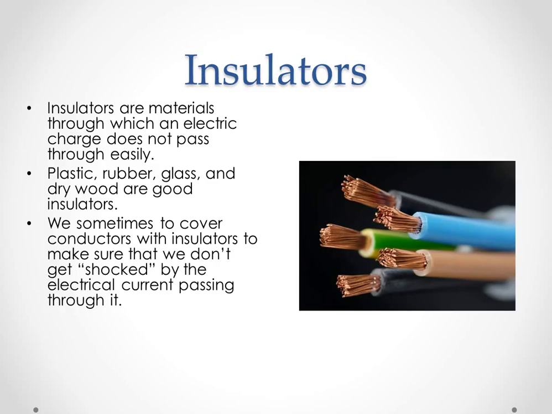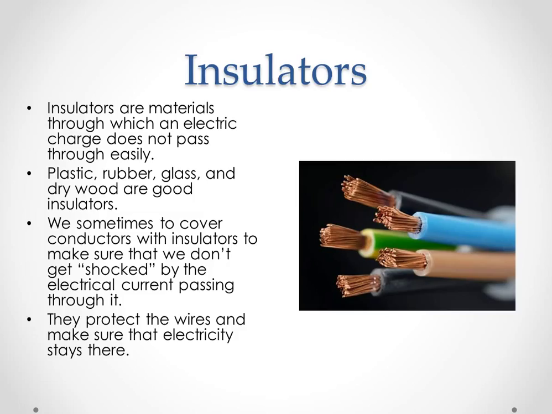That's why you'll see rubber a lot of the time in the circuits in your house. When you plug something in, you're not seeing that wire. It's usually covered by black or gray or some other colored rubber, because it helps keep us from getting shocked by that current. As I said, they protect the wires and make sure that electricity stays in the current and we don't get hurt by it.